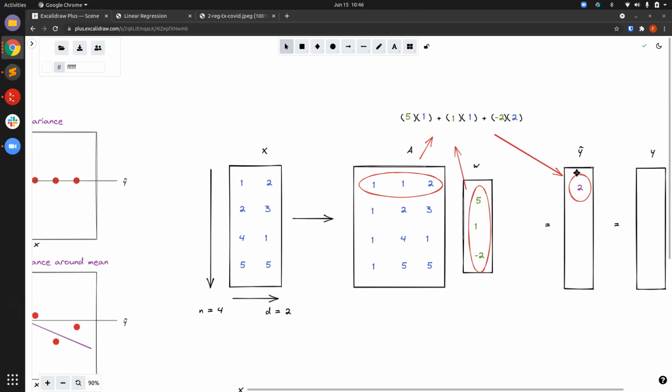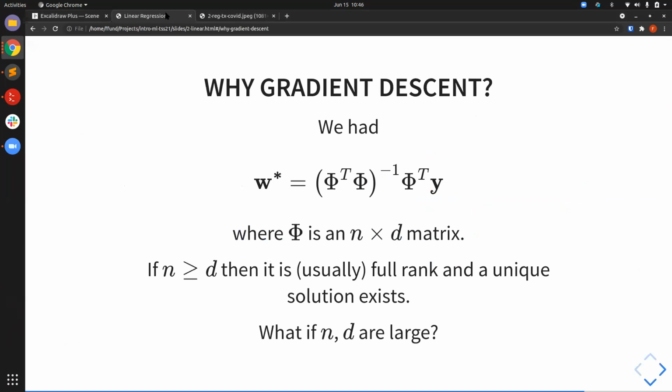And then we need to do this n times, one for each row. So it's O of nd. Now, that was when we only needed to compute, let's say, 1 column in the output. So computing this, that will be nd.